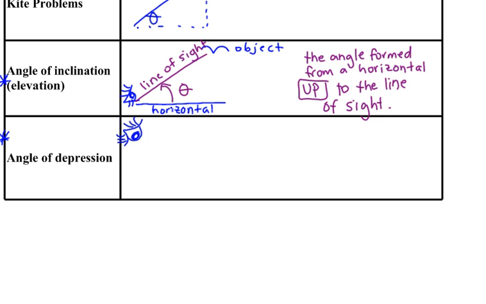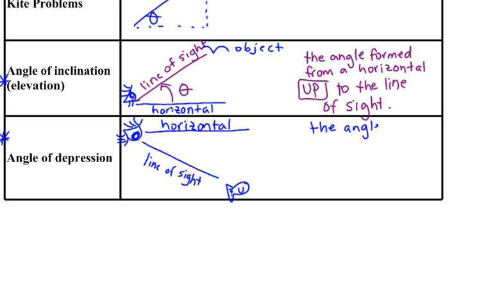Okay, angle of depression then. Again, imagine a horizontal line and down to the line of sight. So maybe you have a fish in the water that you're looking at. Water is wavy, and it kind of distorts the fish.